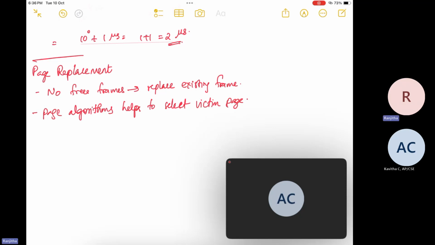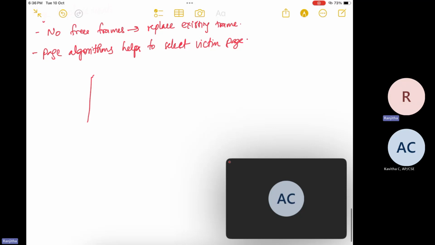When we are replacing a particular page, so this is the main memory, and we have chosen to replace this particular page. It is not possible that we can just bring in a new page and write over here.